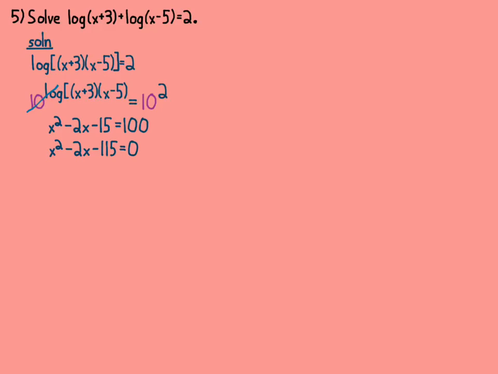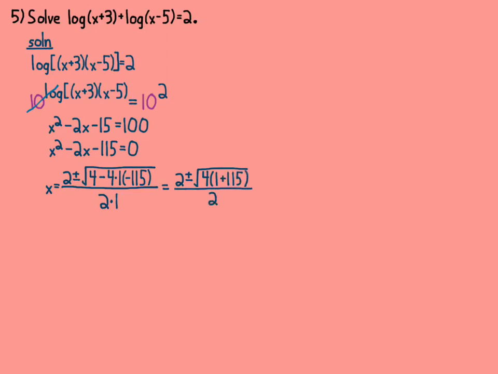Okay? And then I'm hoping I can factor it. If I can't, I have to use the quadratic formula. And I couldn't factor it, so I use the quadratic formula. Okay? And you should know that by now. And then I'm just simplifying that.